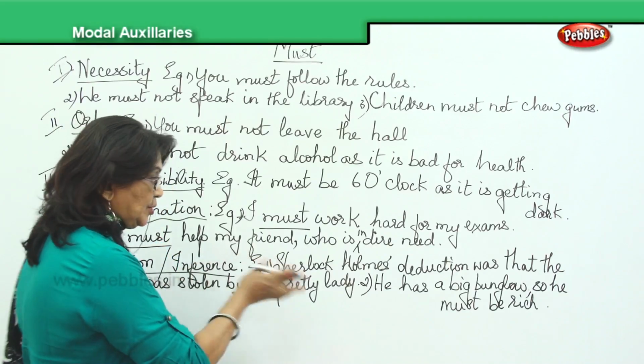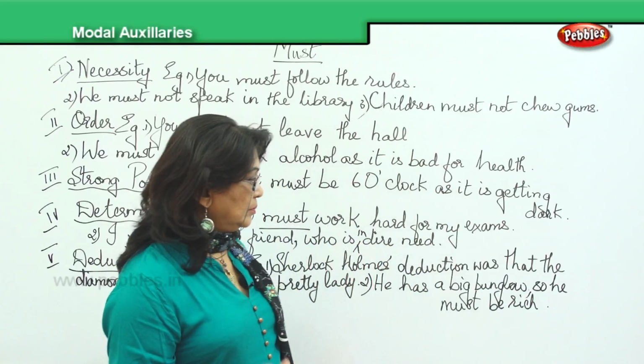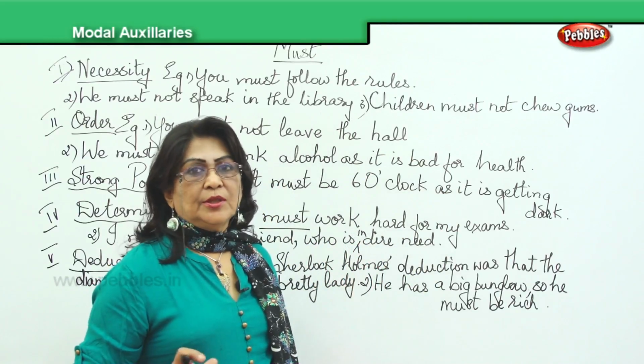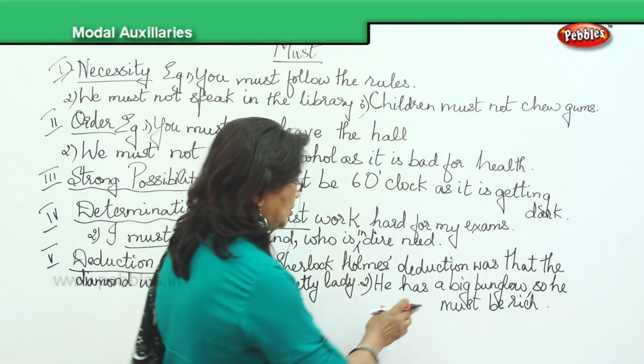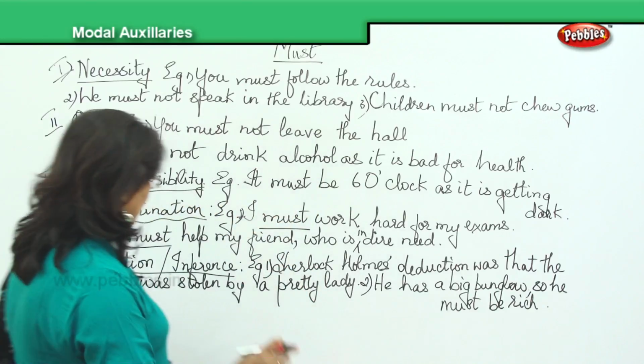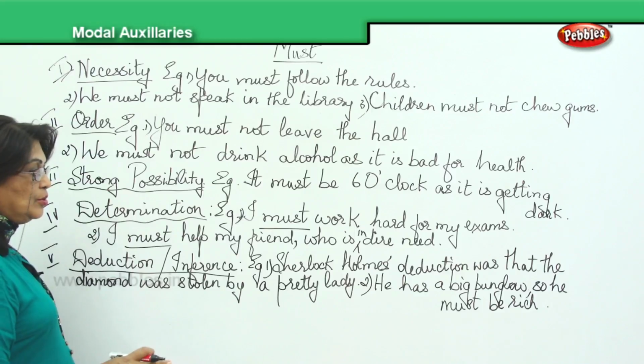So, you are coming to the deduction. Since he has a big bungalow, he must be rich. You are coming to the inference, or you are coming to the conclusion that he must be rich. Okay, so deduction or inference means coming to a conclusion.